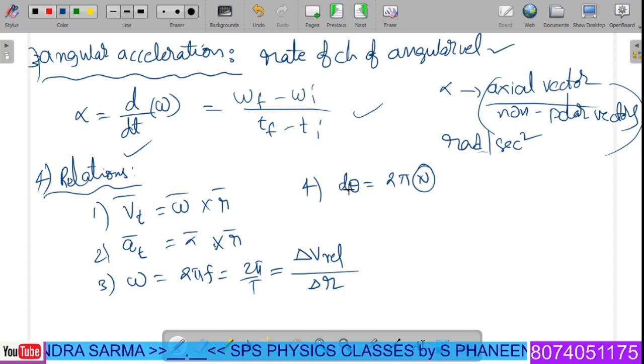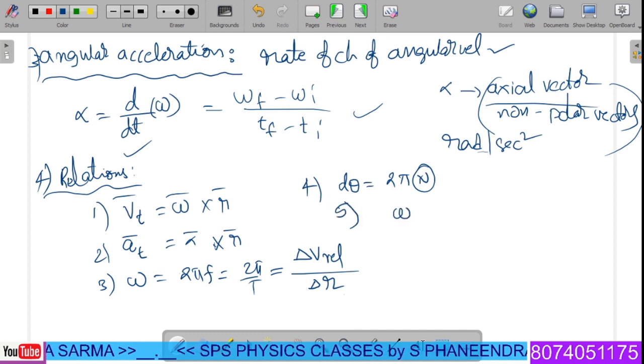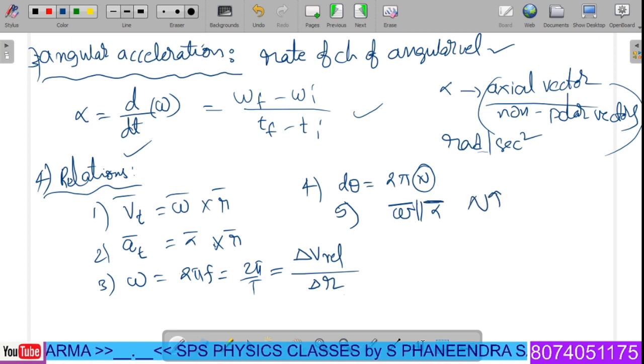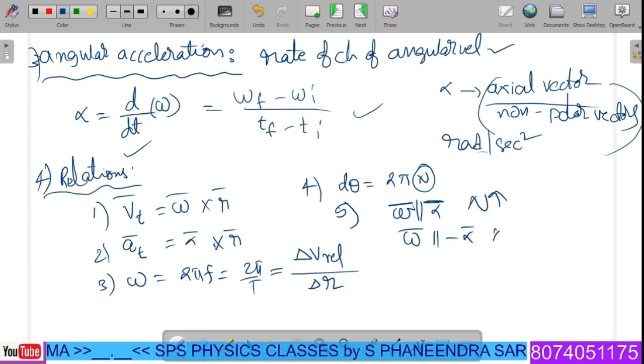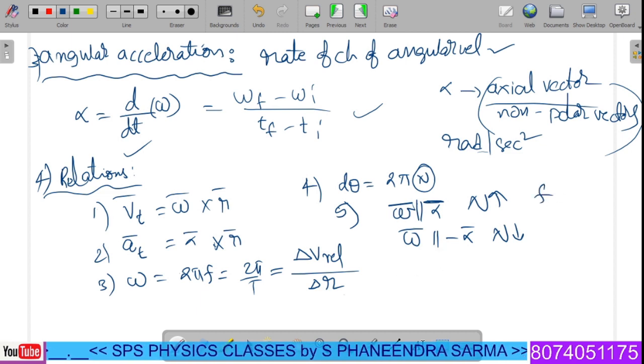Fifth, if omega bar is parallel to alpha bar, the number of rotations increases. If omega bar is anti-parallel to alpha bar, then the number of rotations decreases. When the number of rotations increases, frequency increases; otherwise frequency decreases, the standard result.